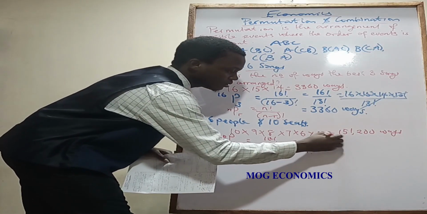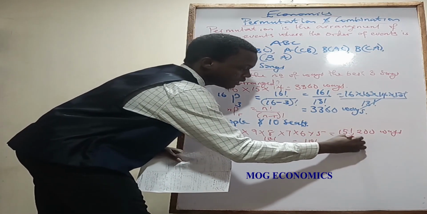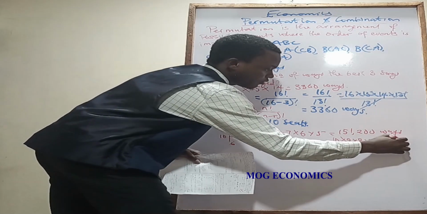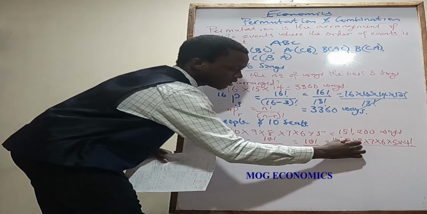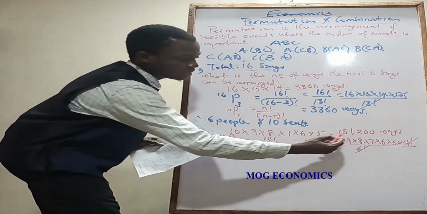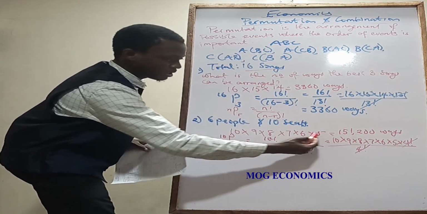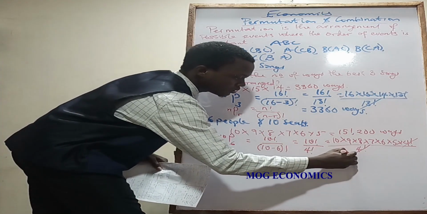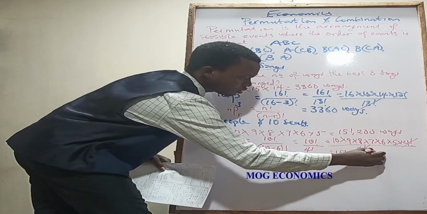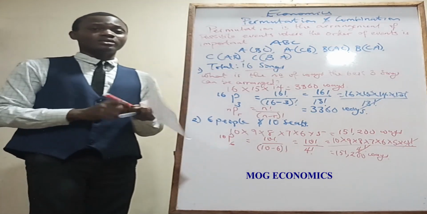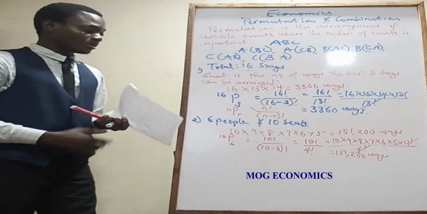So this is 10 times 9 times 8 times 7 times 6 times 5 times 4 factorial divided by 4 factorial. This takes this away. So 10, 9, 8, 7, 6, 5 is the same that we had here, which is equal to 151,200 ways. So you can see the way it goes. I want you to understand it's common sense. There's no need to cram all of these things.